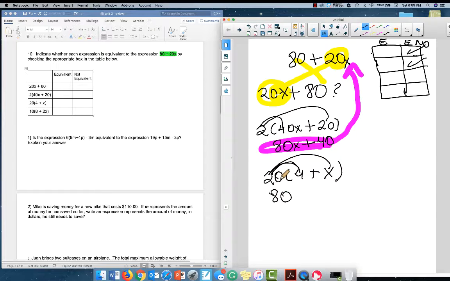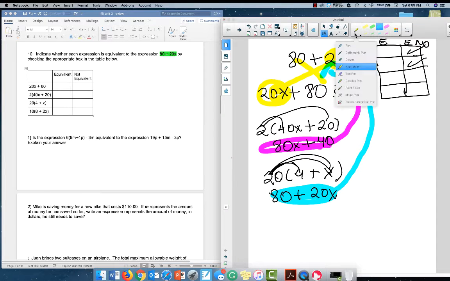Right? Because I have a 0, bring down the 0. 20 times x is 20x. Oh, what do you know? Look at that. This is definitely the same as this. So it is a definite yes. Yes, it is the same.